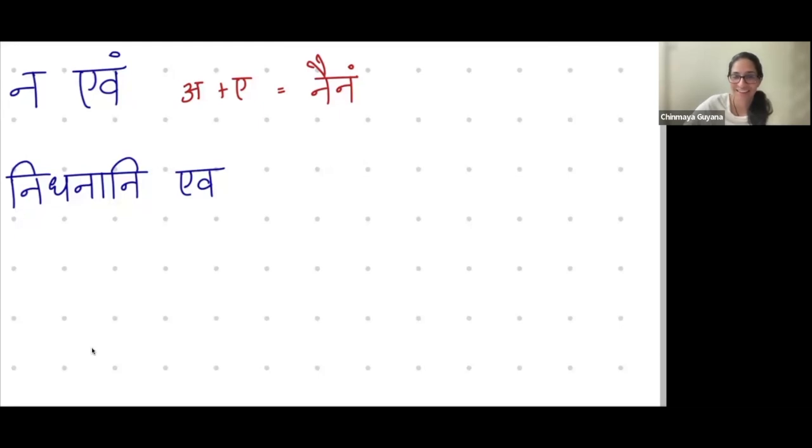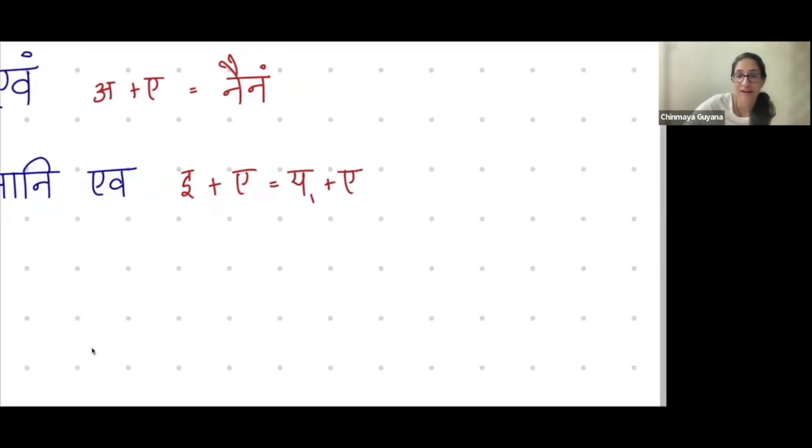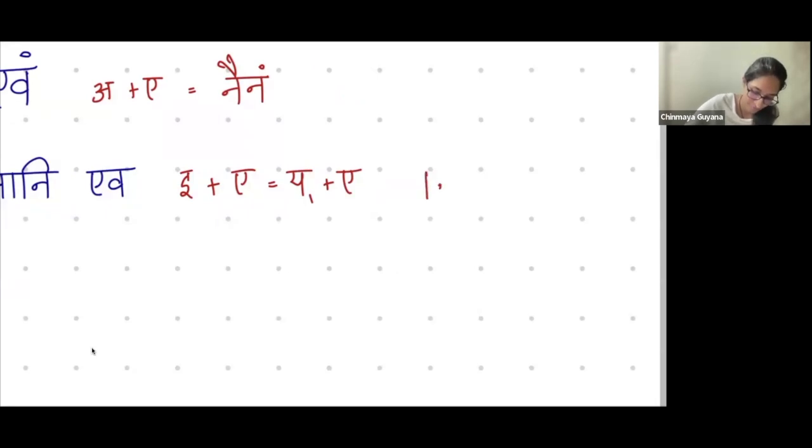Nidhanani eva becomes the E of A plus A equals Yahalant plus A. Nidhanani eva is going to become Nidhananyeva. Nidhana ye ba.